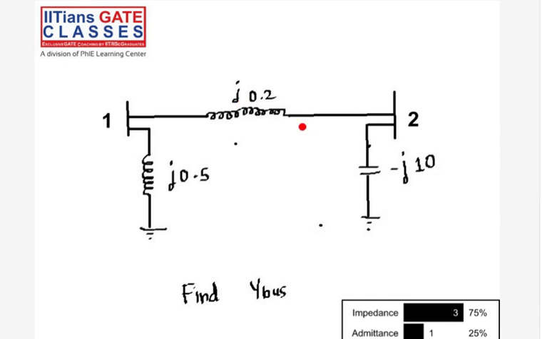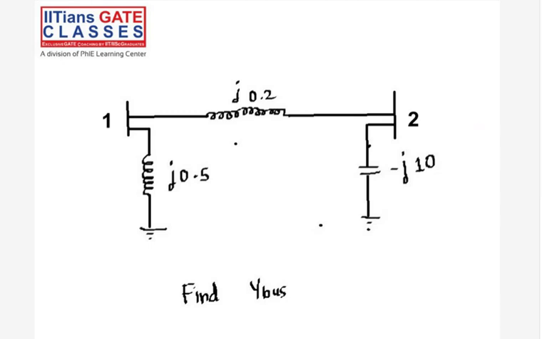So when you are actually calculating the admittance, you have to take the inverse of this. So what is given is impedance. Okay.